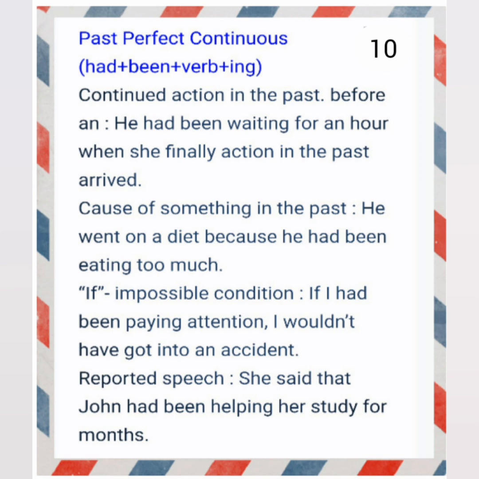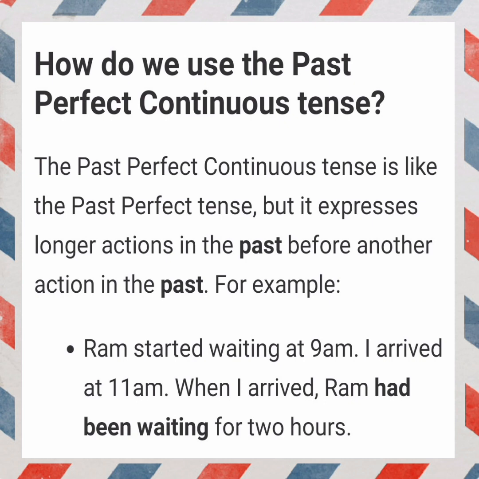He went on a diet because he had been eating too much. It is also used in if clauses for an impossible condition. If I had been paying attention, I would not have got into an accident. And it is also used in reported speech. She said that John had been helping her study for months. How do we use this past perfect continuous tense?